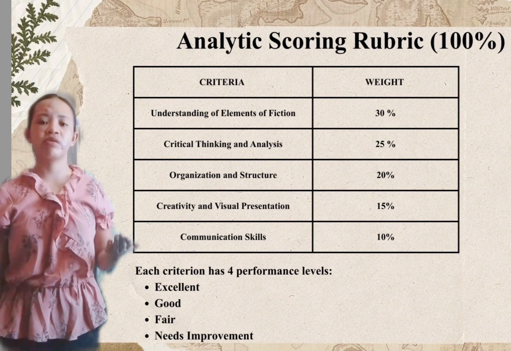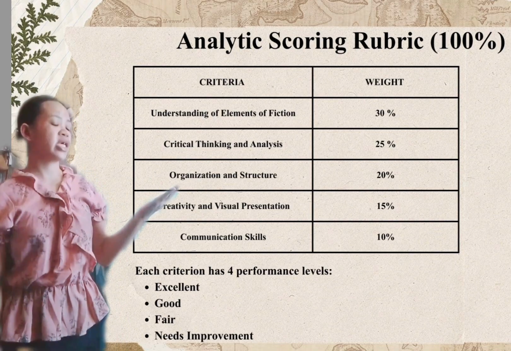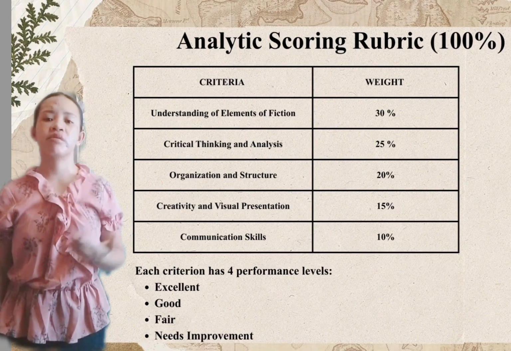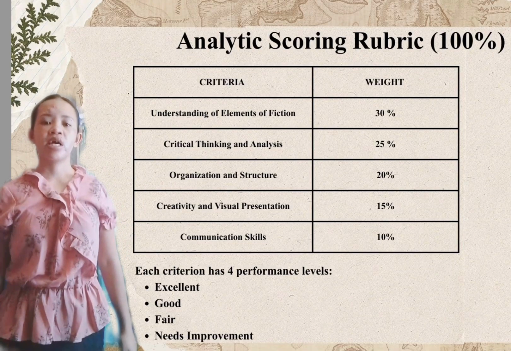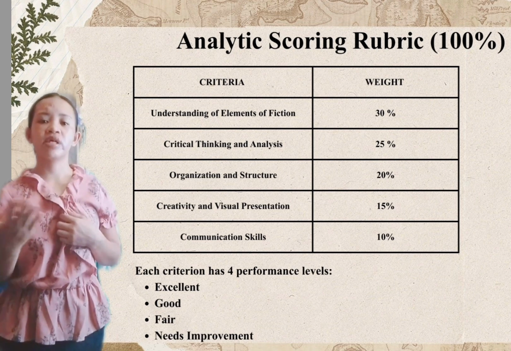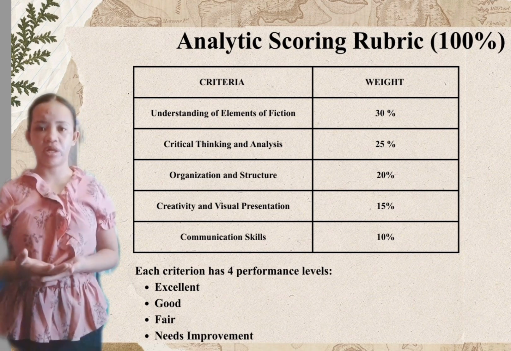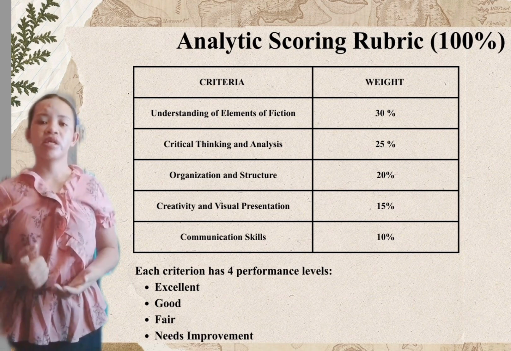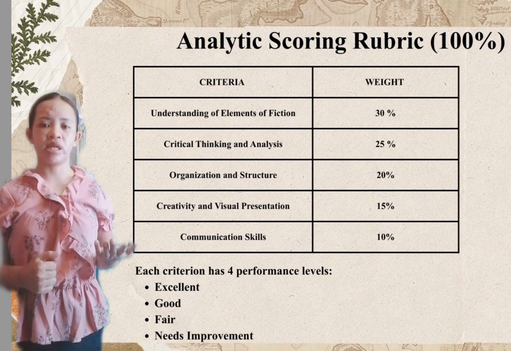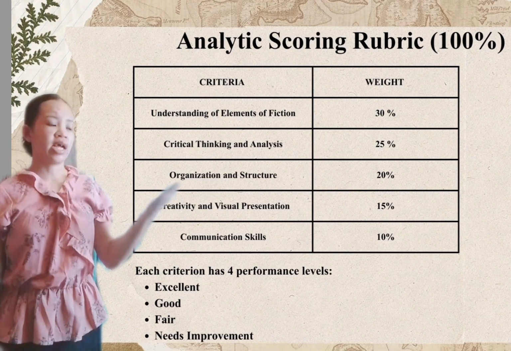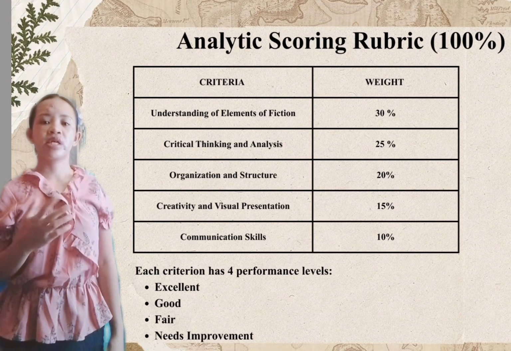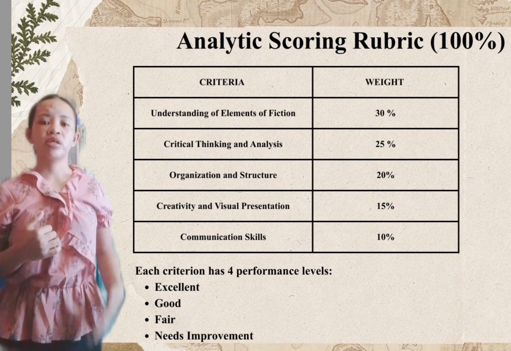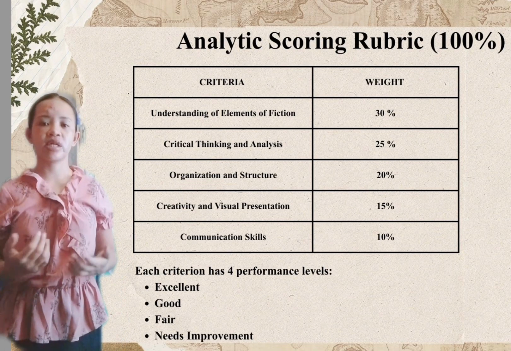And the final criterion is communication skills, which has an 18% weight and evaluates clarity, confidence, and delivery during the presentation. Each criterion has 4 performance levels, which are excellent, good, fair, and needs improvement, with clear descriptors to ensure objective and consistent scoring.